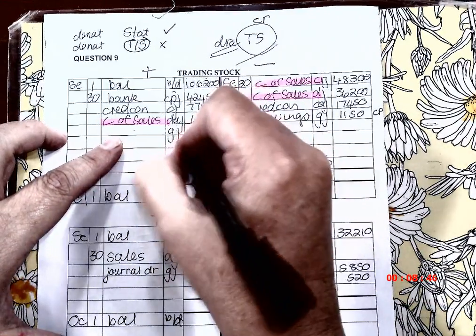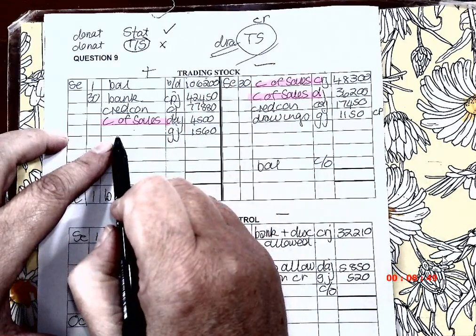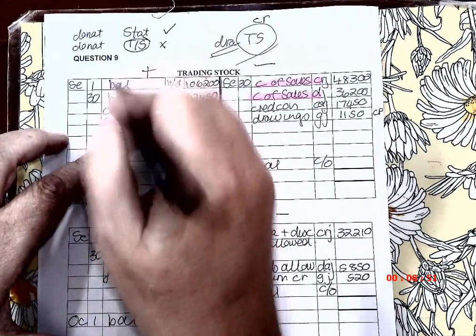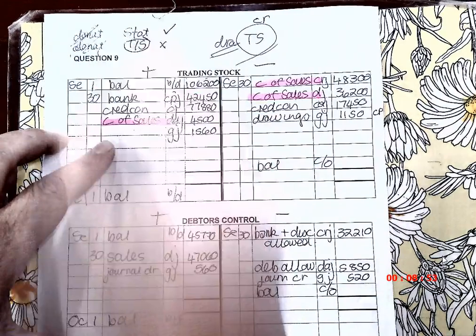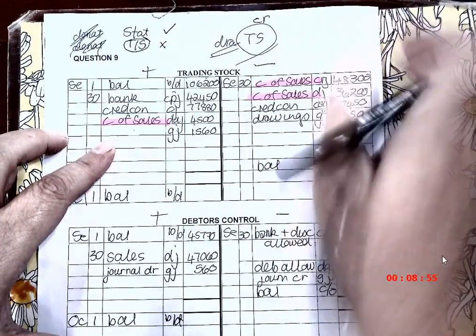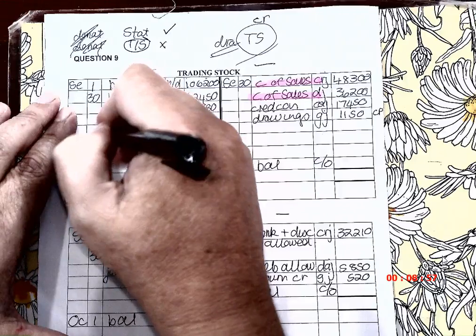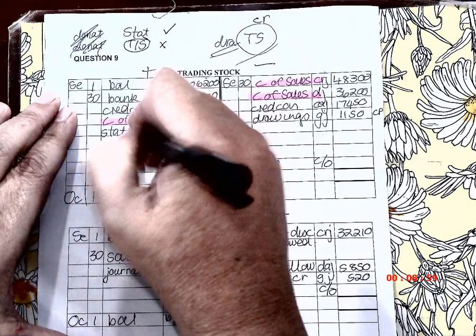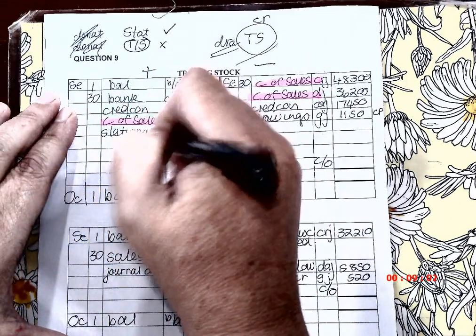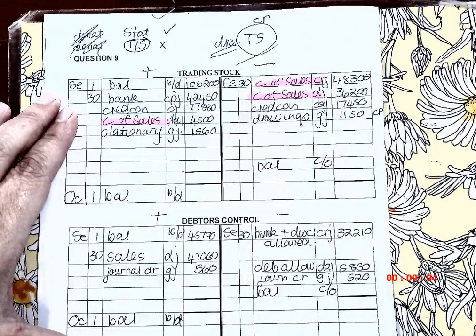And what will I write as a contra? What is not donation? Stationery. Remember, this is how I test the general journal as well. I don't have to ask your general journal to test it. Let me quickly draw it for you the way we used to.